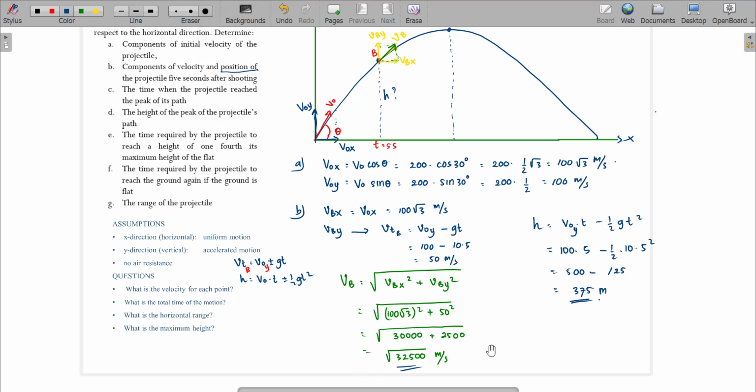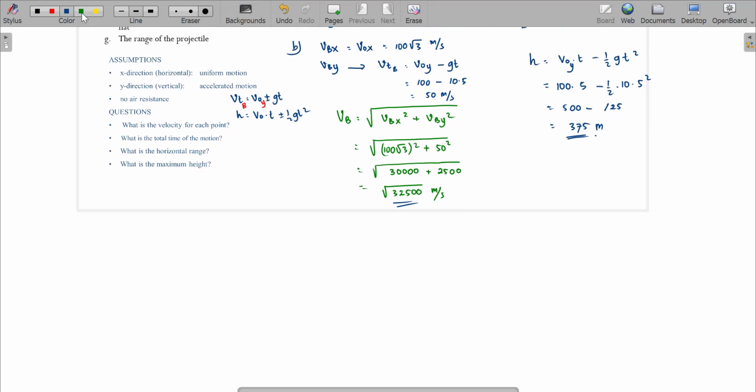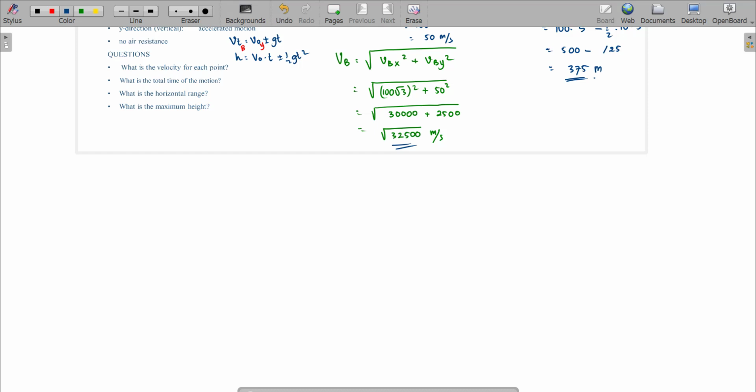Okay, let me draw the path again. Let's say it's perfect. Okay, the maximum position is in here.